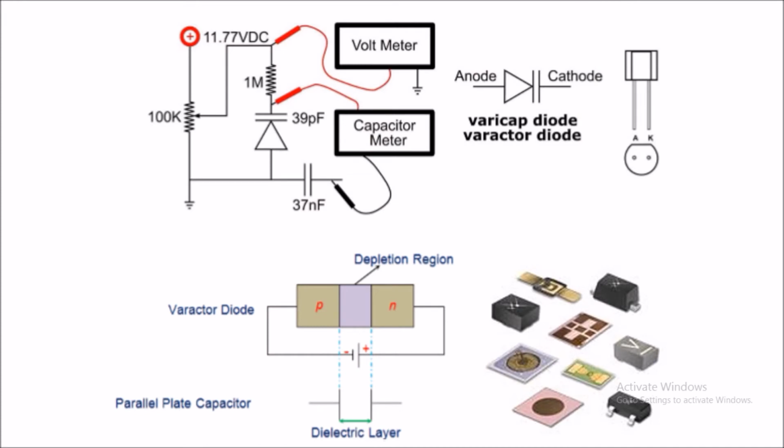And here the varactor with 39 picofarad is connected in an electric circuit, with a voltmeter connected to measure the voltage in the circuit and a capacitor meter to measure the capacitance on the terminals of the varicap diode. And the symbol is shown carefully, and the diagram of how it is built: the PN junction, and the junction here is wide, it's the depletion region.